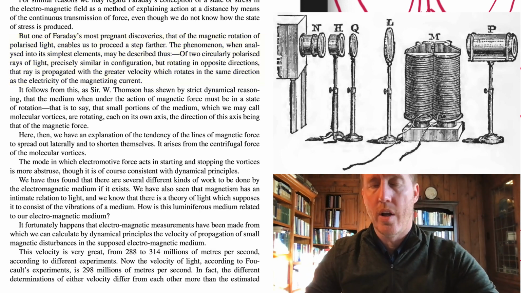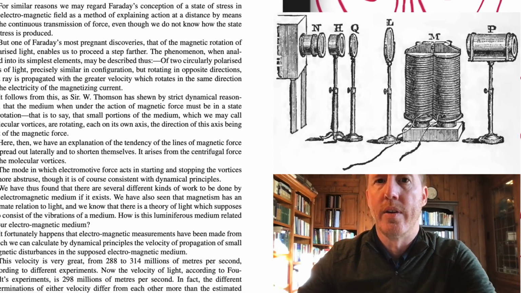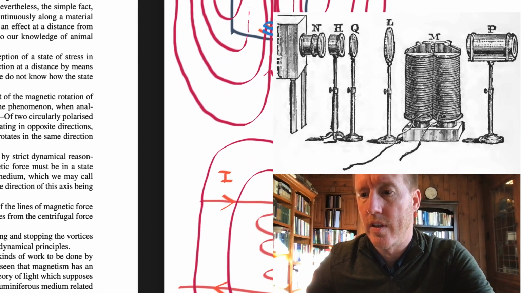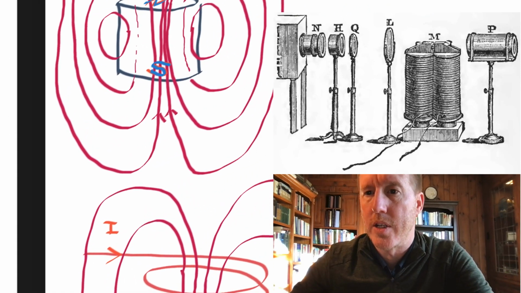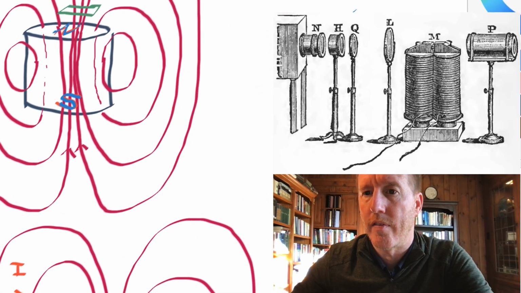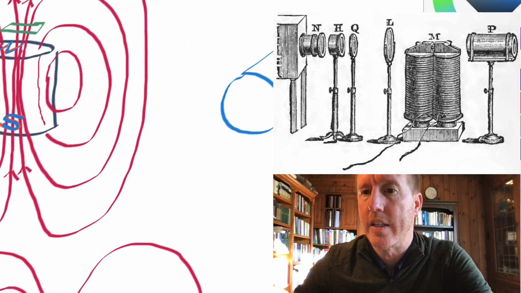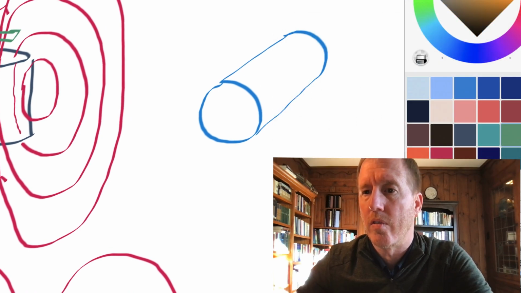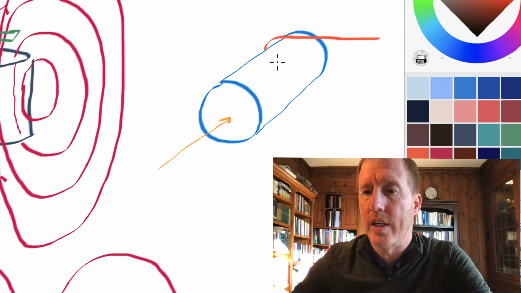So what is he saying here? There's a couple ways of understanding Faraday rotation. The way that he's describing it here is that if you have some material, and Faraday used heavy glass, and he passed a ray of light through the heavy glass, and if you have a magnetic field inside of the glass produced by an electrical current going through a wire.